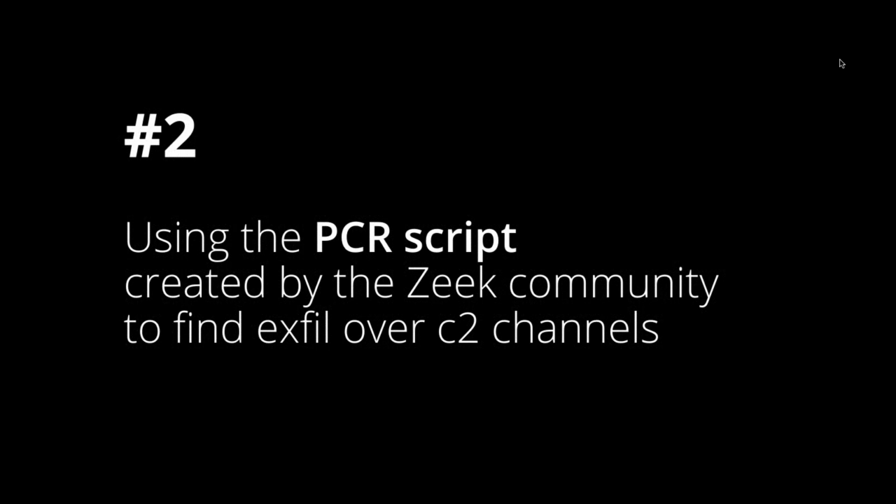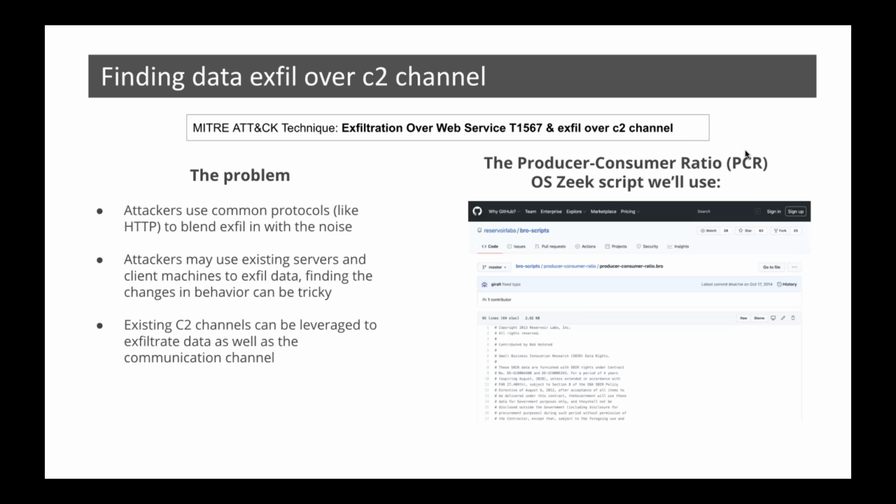And if you go to the next slide, John, this is talking about what is called the producer-consumer ratio. So this is a well-known concept within security, where essentially you're identifying a ratio from -1 to 1 of whether a particular machine is producing or consuming more data.